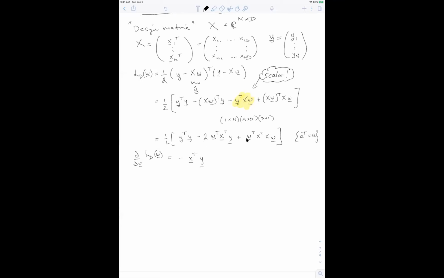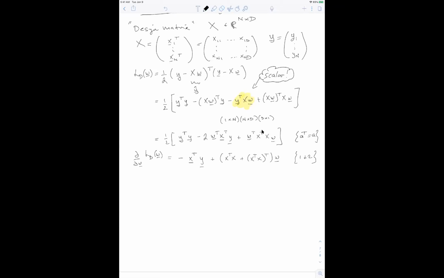And this term has the structure of rule 2 on the previous slide. So here we used 1 and 2 from the previous slide.